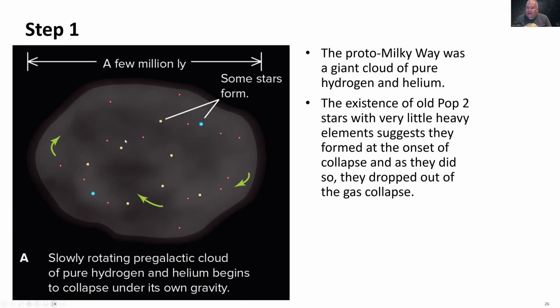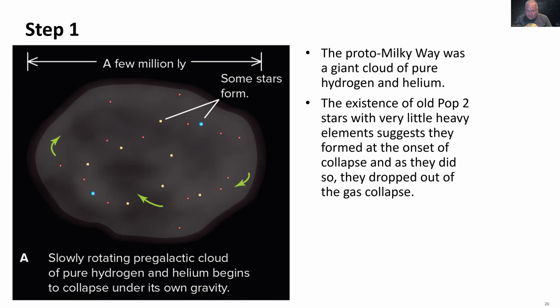Because there are random motions in it, it starts to condense, and some of the gas will collapse to form the very first stars. These stars should have very low amounts of heavy elements. The fact that we see these population 2 stars that have very little heavy elements, and that they're not in the disk but in random locations in this spherical area around the middle of the galaxy, supports this idea that they're very early formed stars.